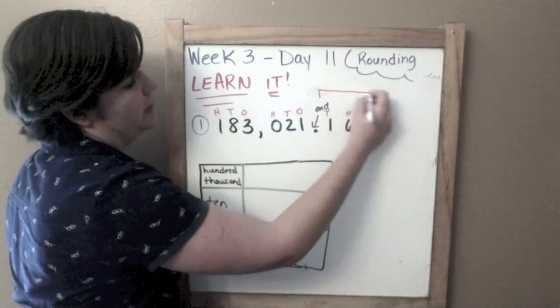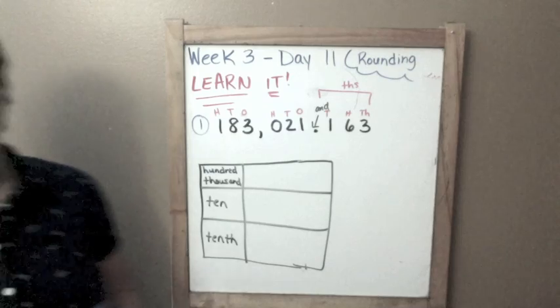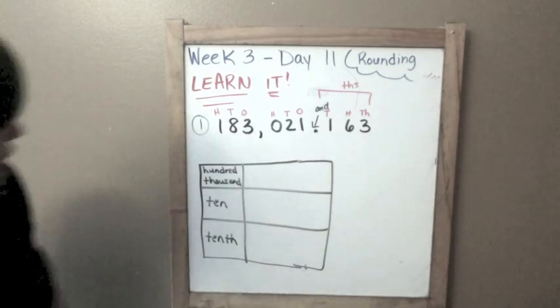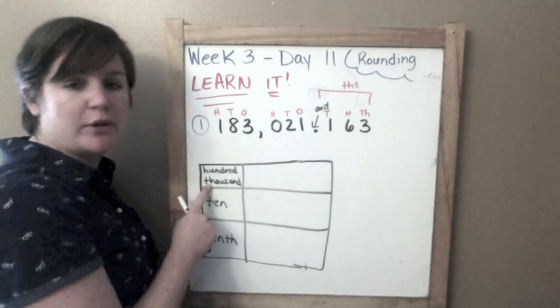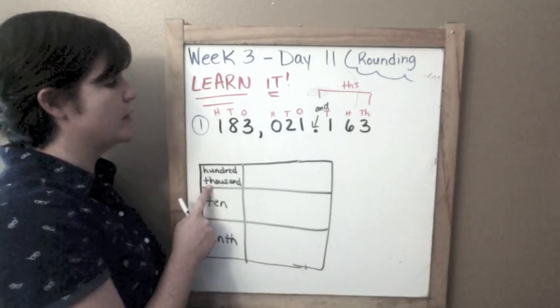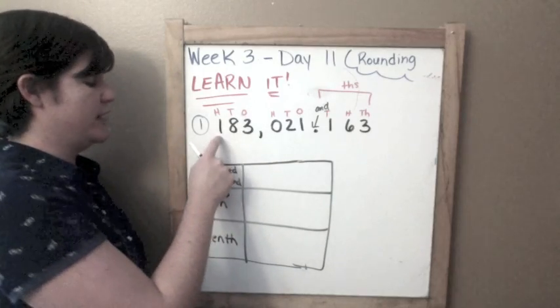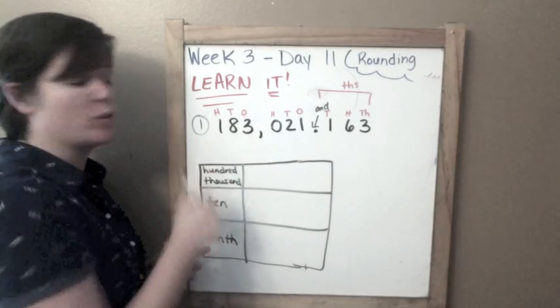And remember, all these guys right here, they end in the ths sound. Okay. So if we are rounding this number to the hundred thousands place, let's locate the hundred thousands place. So this is the hundreds place. This is the hundred thousands place, the 1.